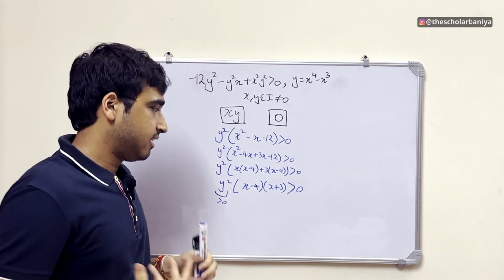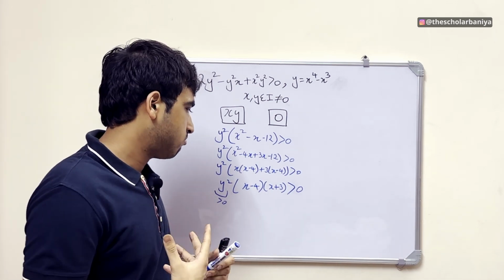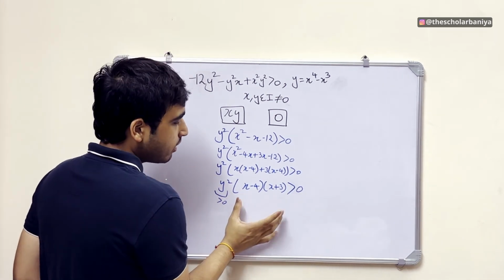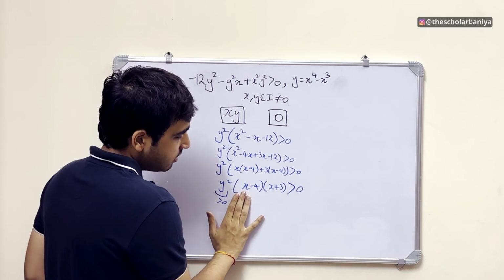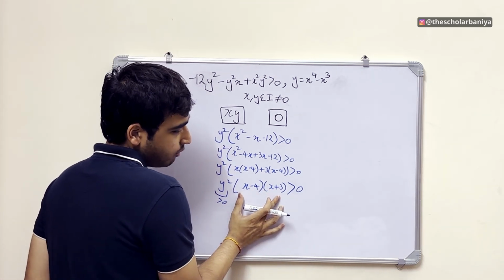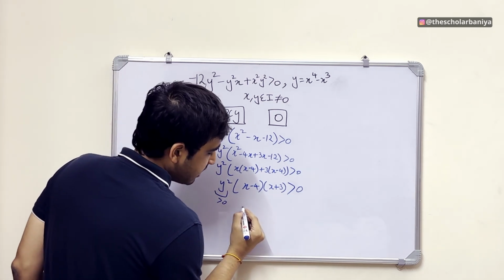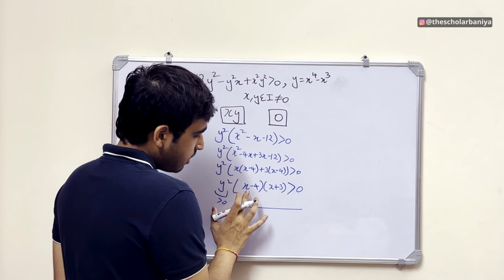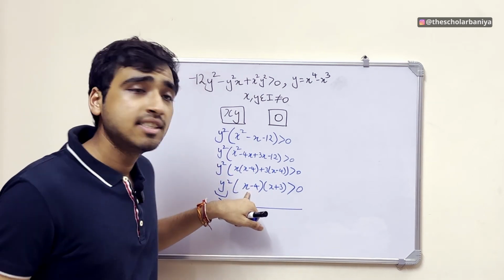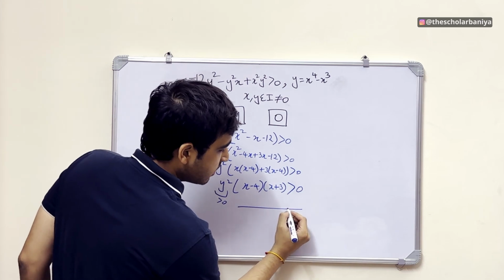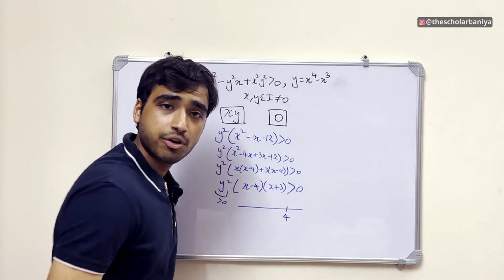Now I'll tell you something which is kind of new. Maybe you know, maybe you don't know. In inequalities, the way you break this down is, let's suppose we have to calculate this, right? So make a number line. For example, let's say this is 0. If x minus 4 is 0, x equals 4, so we write 4 here.